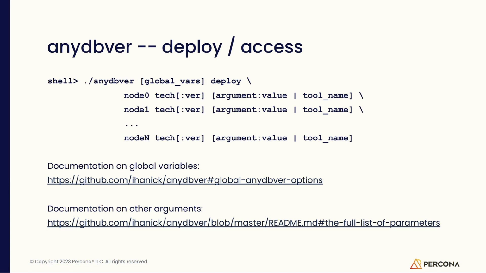We are going to see this in a bit more detail now, but basically the database or the technology you want to deploy in that node. Optionally, a colon and version.